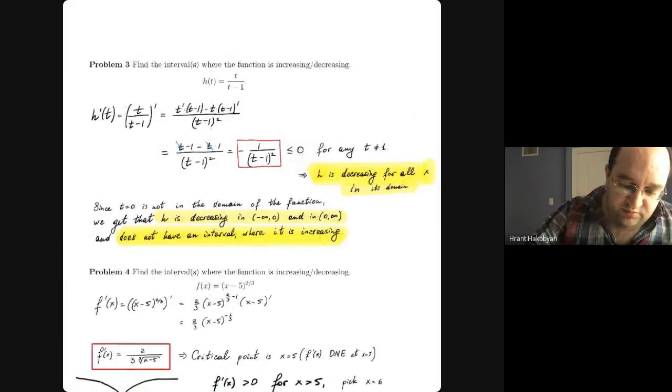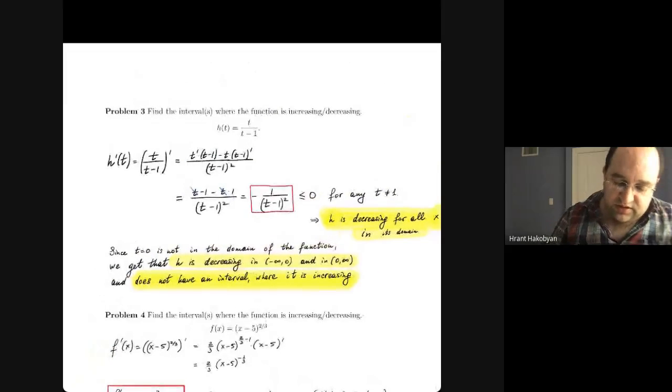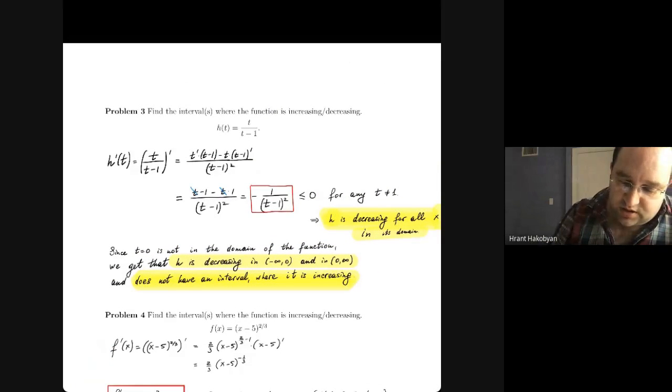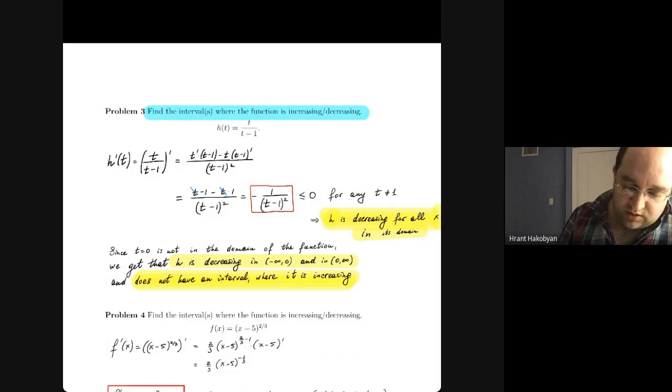Let me not go through all the details, just explain what's written here. We need to find the intervals where the function is increasing or decreasing. This is my function, so what I have to do is take the derivative.